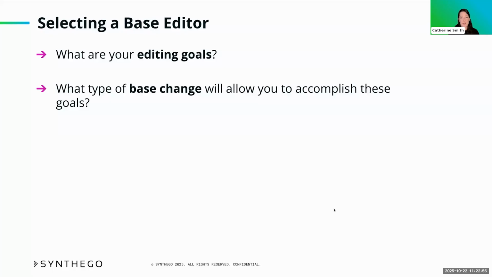As for any CRISPR edit, you're generally going to want to start by thinking about your editing goals and the base changes that would allow you to accomplish these goals. When you're starting to look at specific editors, I really do encourage you to keep an open mind. Not all edits are possible with every editor, and having multiple strategies in your toolkit maximizes your chances of being able to perform your edits of interest.